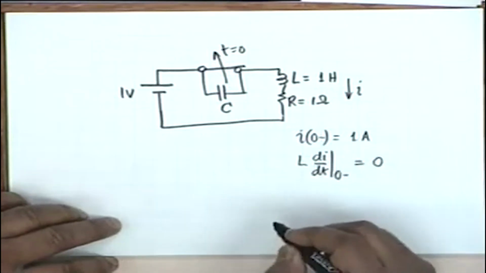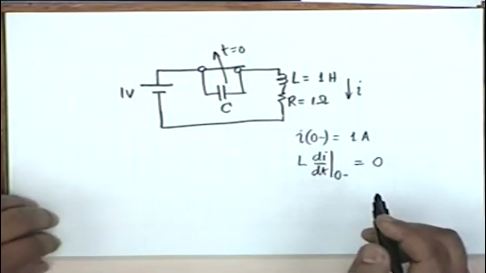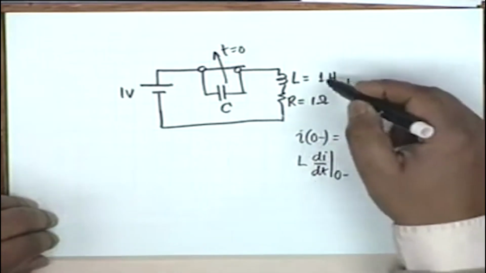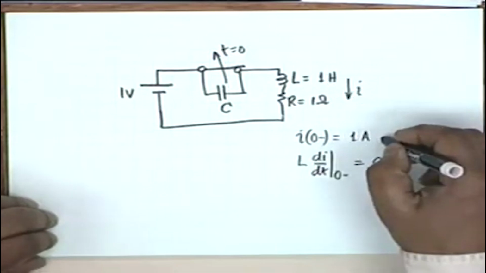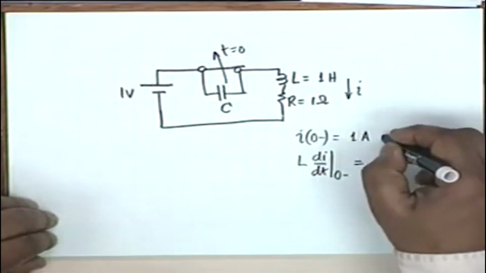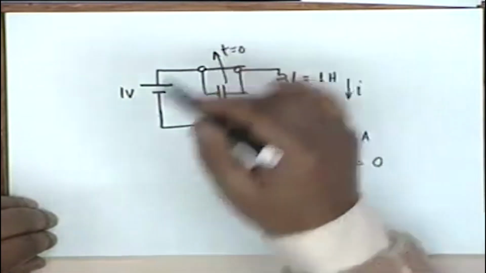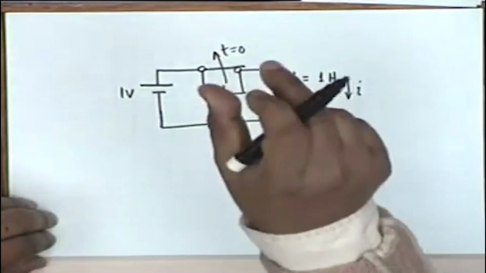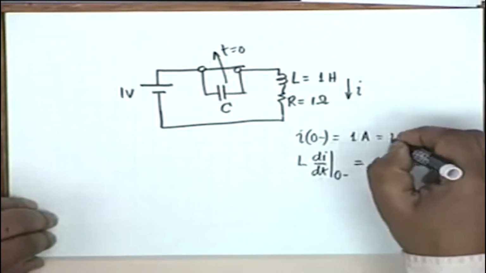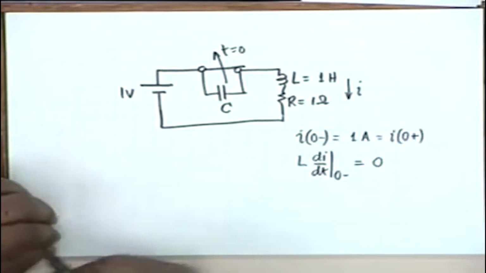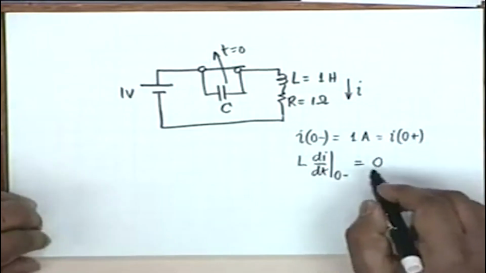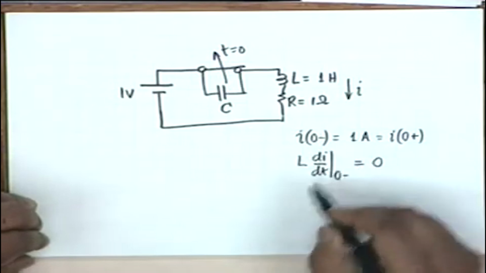It is 0. Now the current through the inductor cannot change suddenly, and therefore when this switch is opened and the capacitor is put in this circuit, the current must remain at 1 ampere.